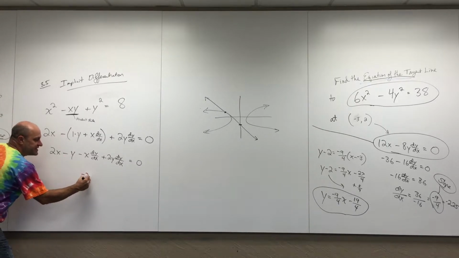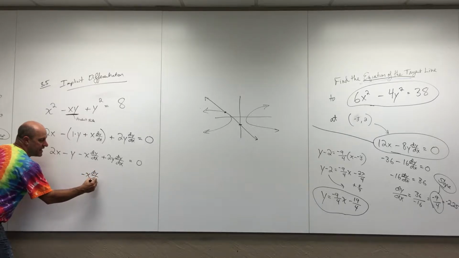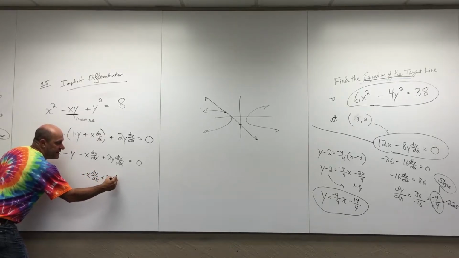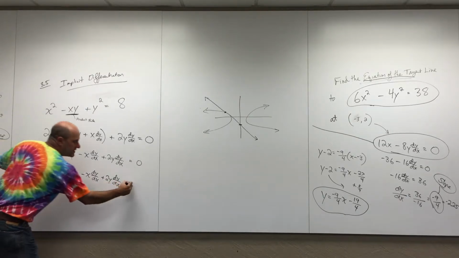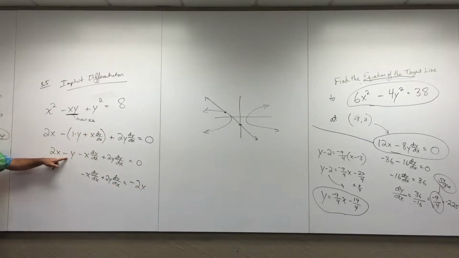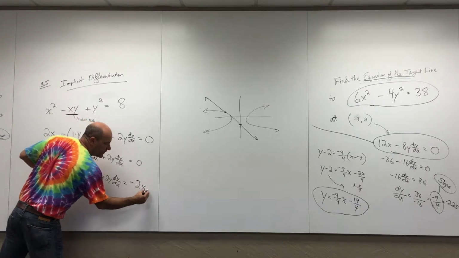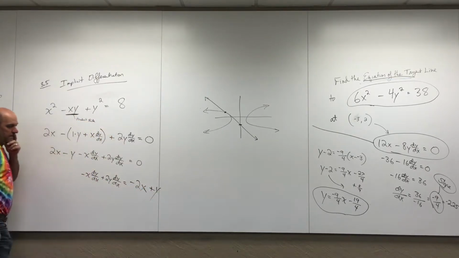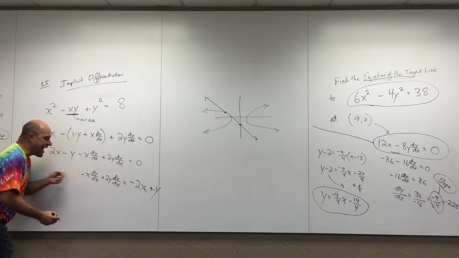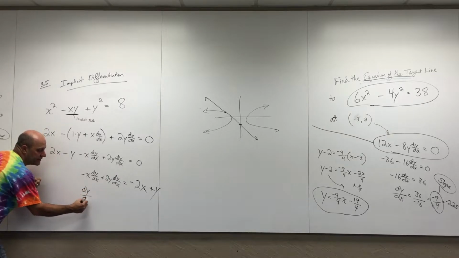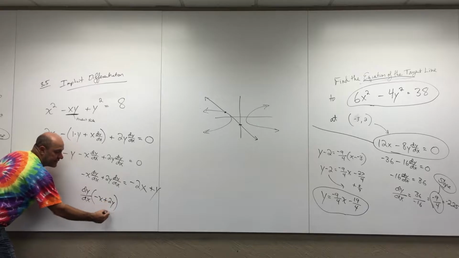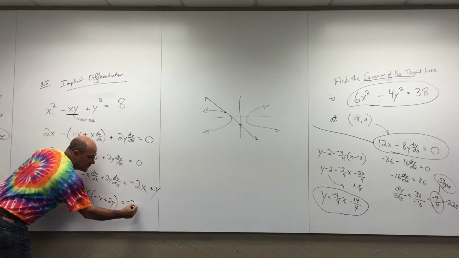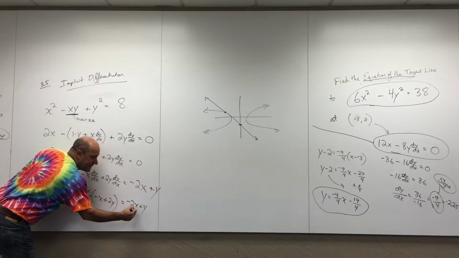I'm going to leave the dy dx terms on this side. What am I moving to the other side? I'm going to move this over. It's a negative 2x, and it's a positive y when it moves over. Then I'm going to factor out a dy dx. That leaves me with negative x plus 2y equals negative 2x plus y.